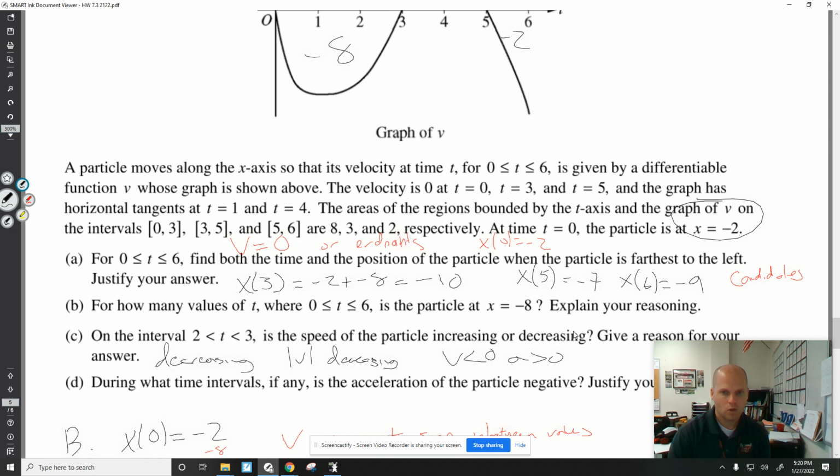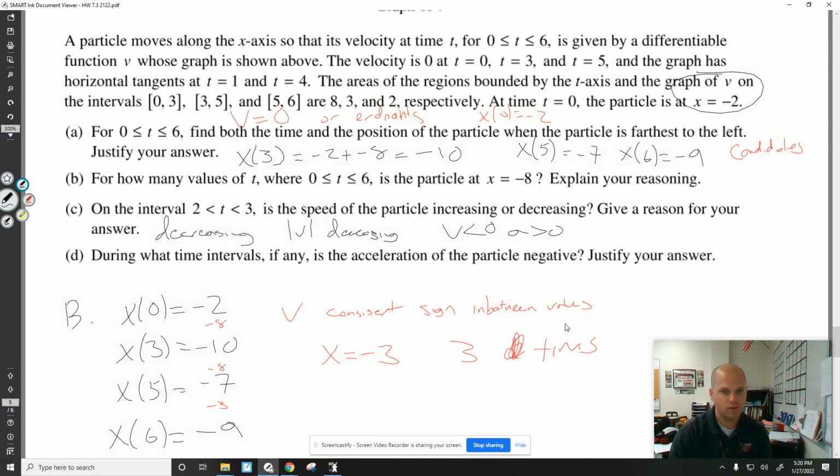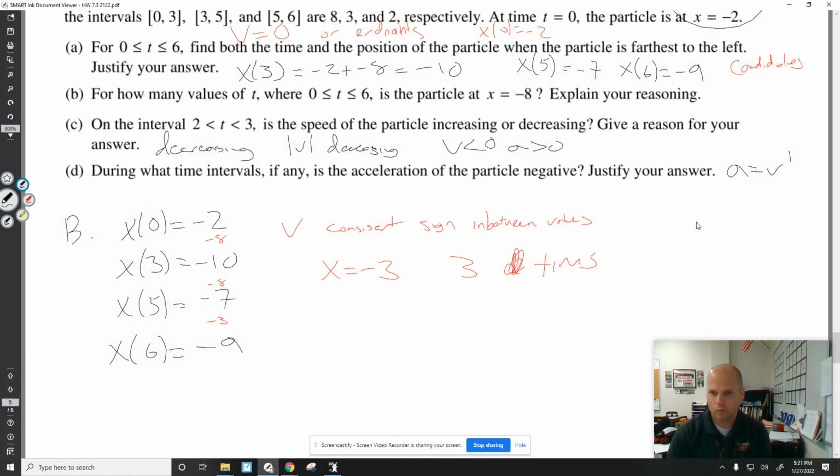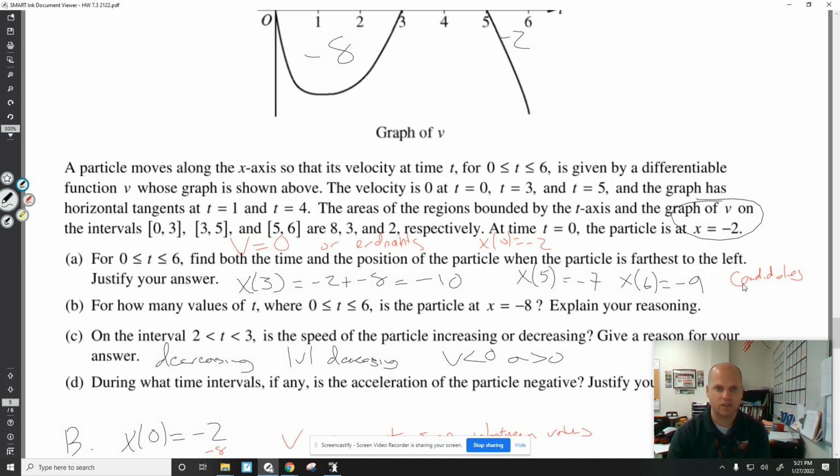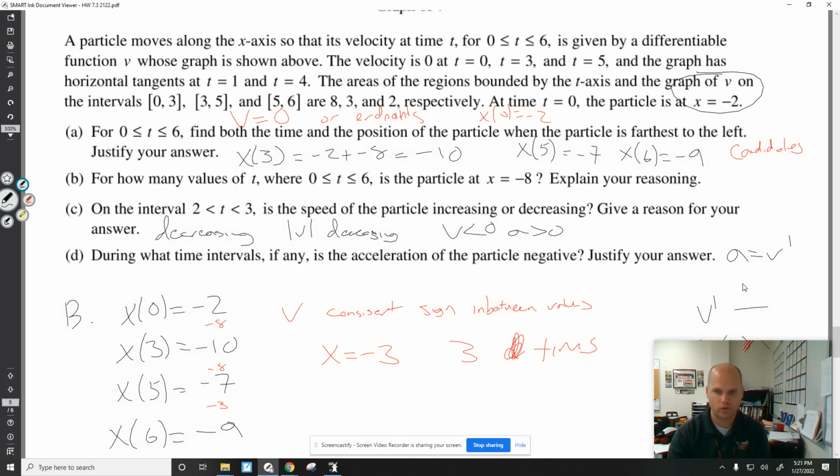Boom. When's the acceleration of the particle negative? Since you know acceleration is equal to the slopes of velocity, you could say either when the slopes of velocity are negative or when the velocity is decreasing. That's your justification. You have to say that, though. It's like when V prime is negative, the slopes of V are negative, or when V is decreasing. That's going to be from 0 to 1 and 4 to 6. Done.